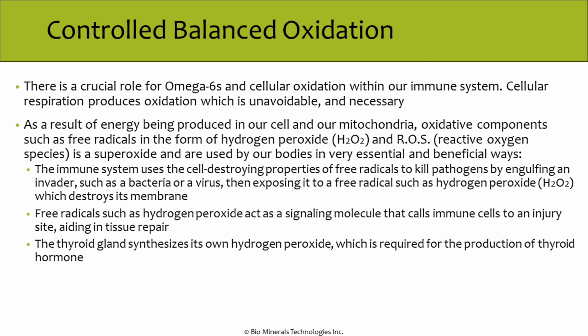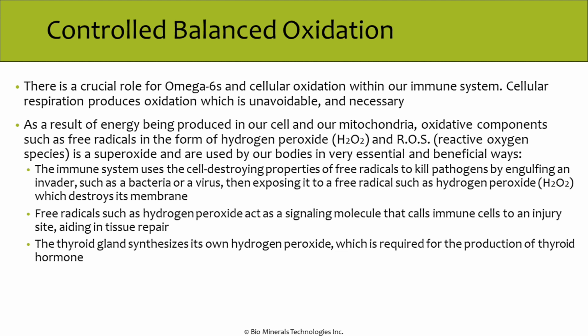As a result of energy being produced in our cells and our mitochondria, oxidative components such as free radicals in the form of hydrogen peroxide and reactive oxygen species such as superoxide are also used by our body in very beneficial and essential ways.